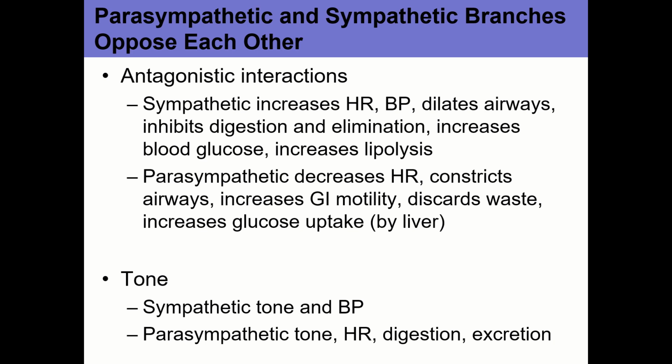So the sympathetic branch directly innervates blood vessels. And what it does then is keep all of your blood vessels in a continual state of partial constriction. And so that's going to help keep your blood pressure up.